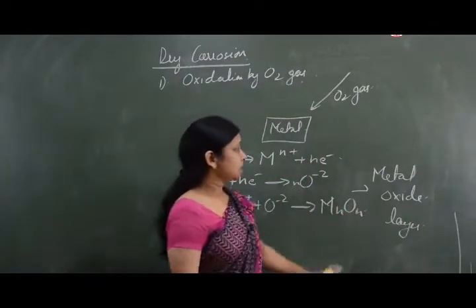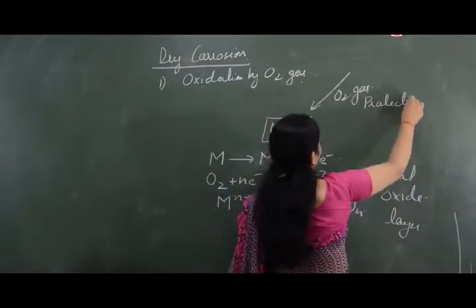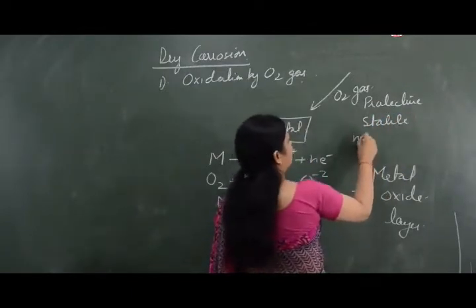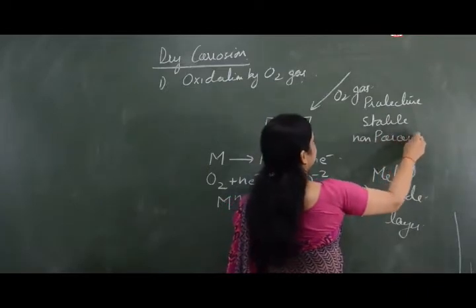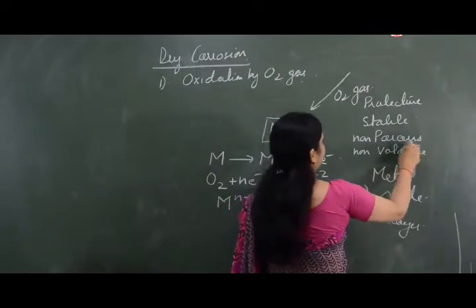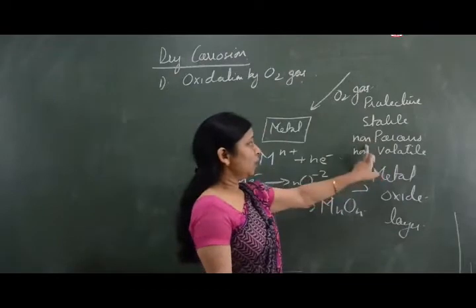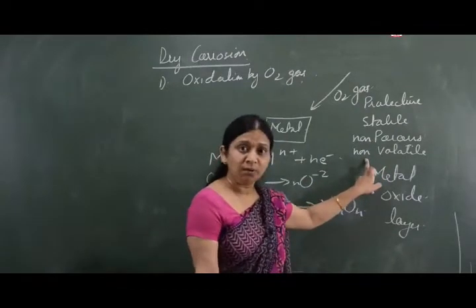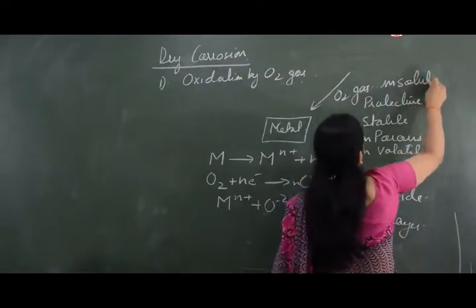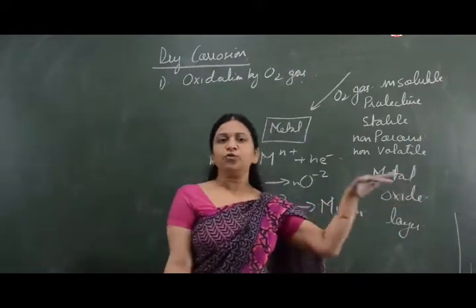Now this metal oxide layer which is formed can be a protective layer, a stable layer, a non-porous layer, non-volatile and insoluble. If the layer which is formed is protective, stable, non-porous, non-volatile, and insoluble, then it is going to reduce the rate of corrosion.